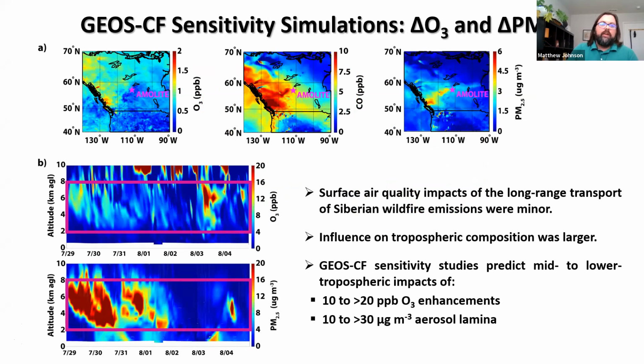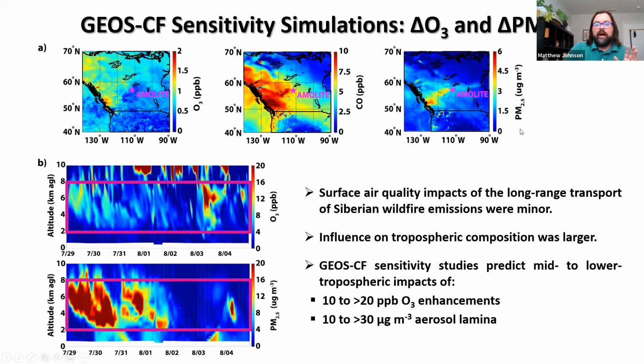So we performed GEOS-CF sensitivity simulations, in which we turned off wildfire emissions in Siberia, and compared those outputs from the model to the baseline model, which included the emissions of wildfires from Siberia, and looked at the delta O3 and PM2.5, more of a brute force sensitivity simulation here. Looking at the differences between O3 and PM2.5 gives a general quantification of the tropospheric composition impact of the Siberian wildfires.